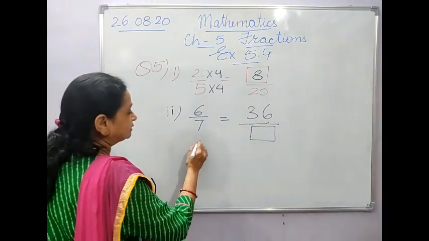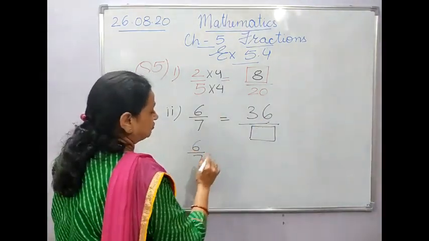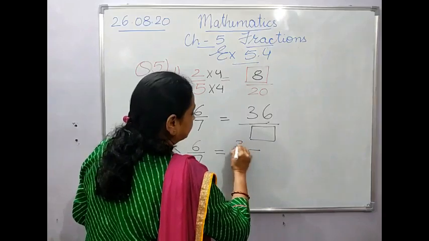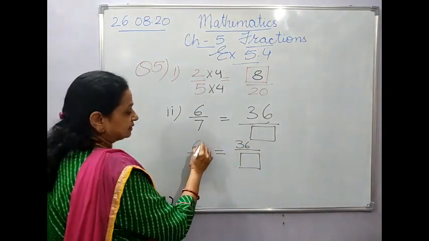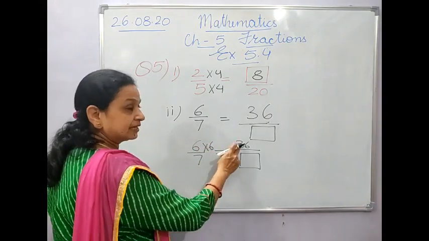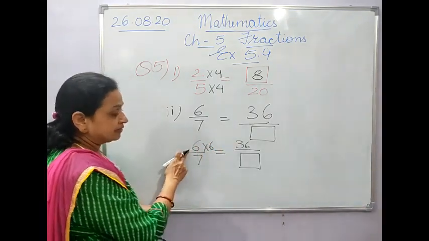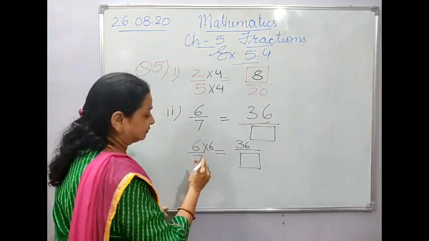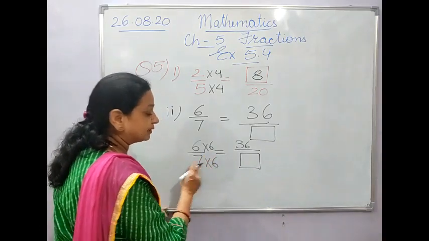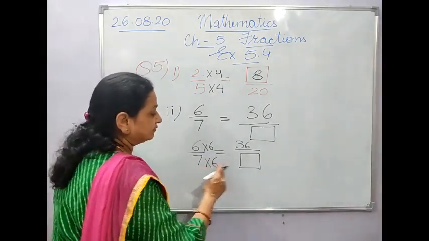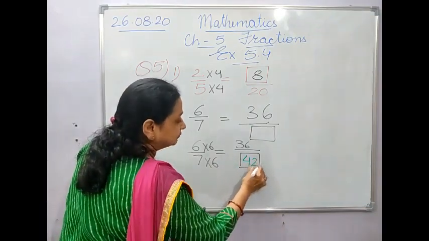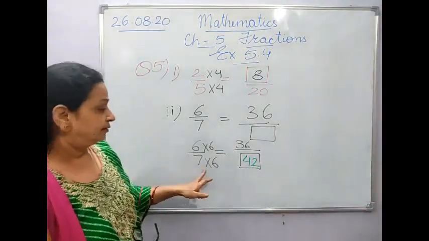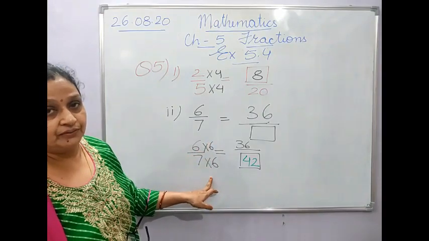So I'll write down again 6 upon 7, because this was your main question, upon 36. Now 6, if we multiply it by 6 we get the answer 36. Once we have multiplied the numerator by 6, that means we have to multiply the denominator also by 6. And 7 6s are 42 is your answer. Okay, this is all you have to do.